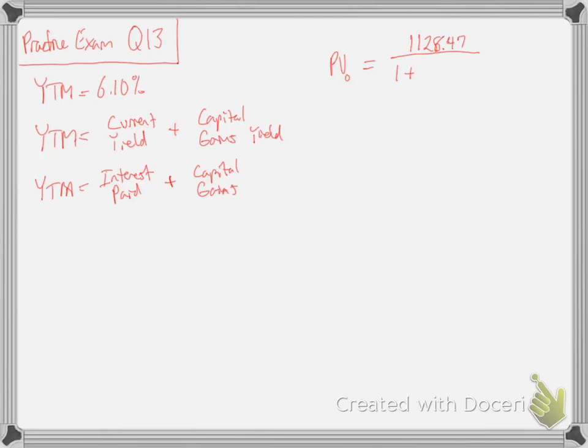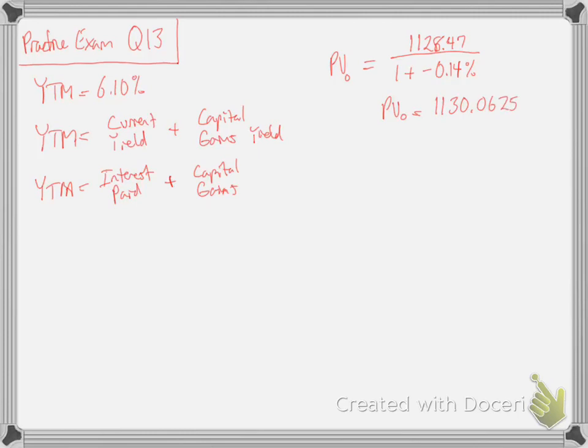Okay? And it told us that there was capital gains of minus 0.14%. So 1 plus minus 0.14%. So this will give us a price of the bond at the beginning of the period of $1,130.0625.